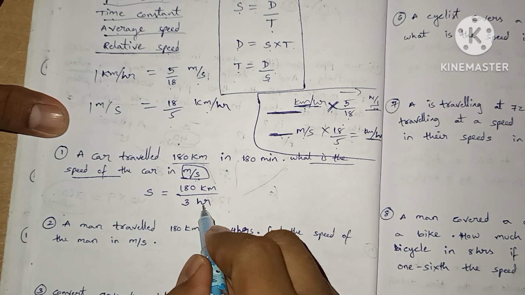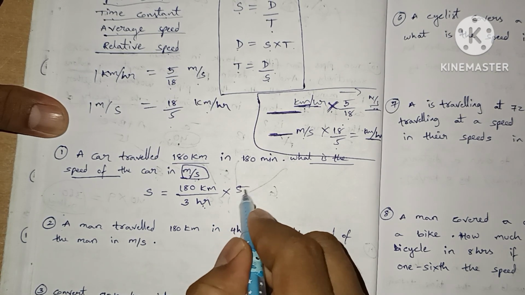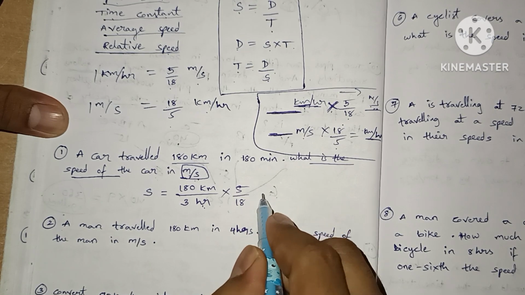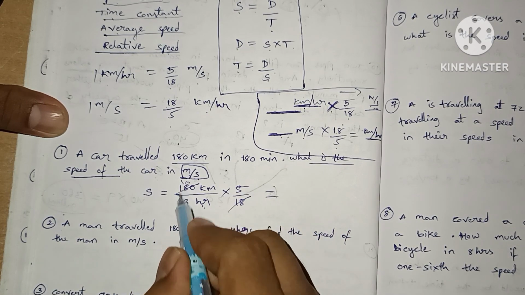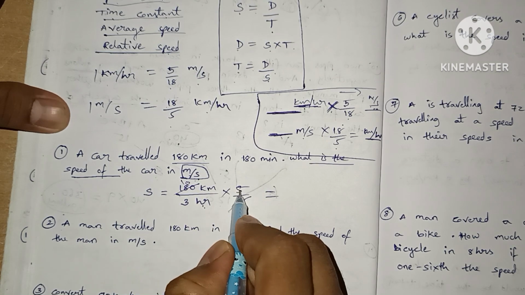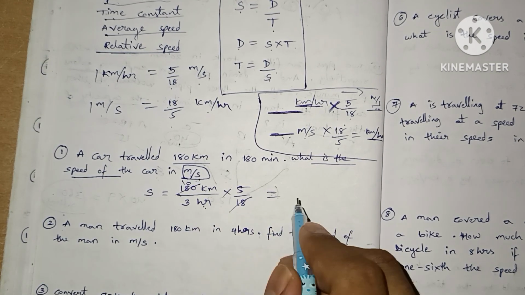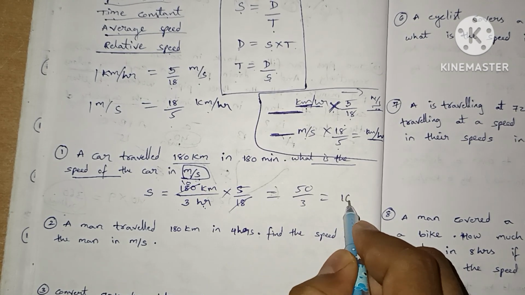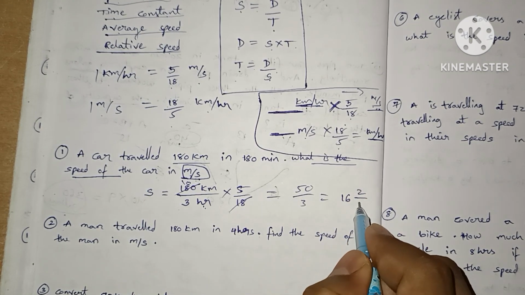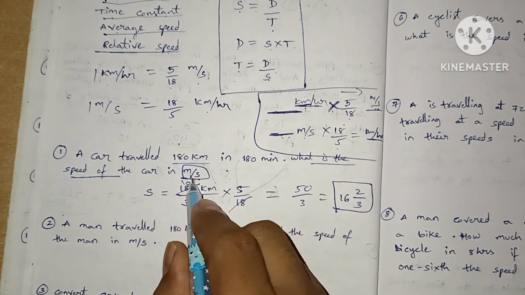To convert kilometers per hour into meters per second, we'll multiply this with 5 by 18. So 18 10 times, and we get 10. 50 divided by 3, 16 times is 48 and 2/3. This is the speed of the car in meters per second.